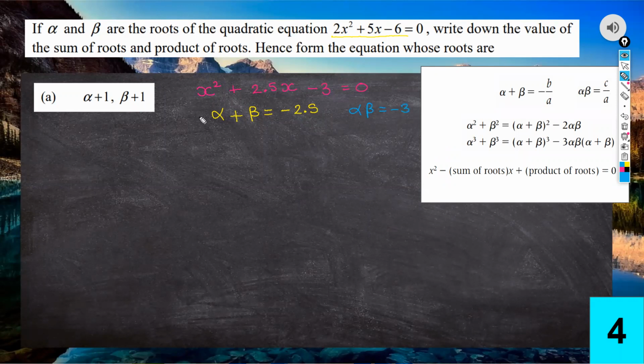But some people are sending these answers. That's not the answer for the question. What they are saying is that there is a new quadratic whose roots are alpha plus 1 and beta plus 1.